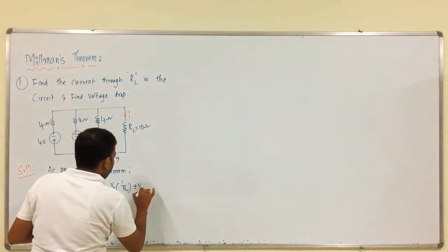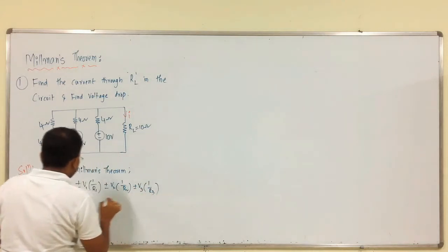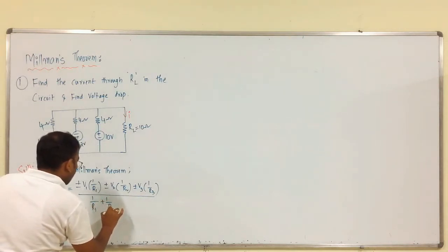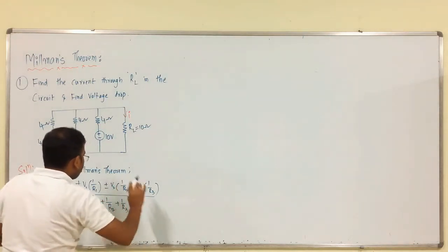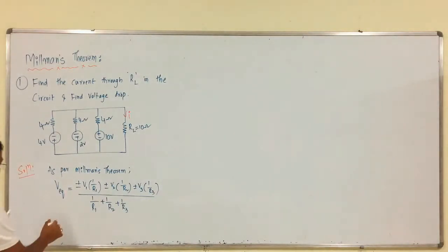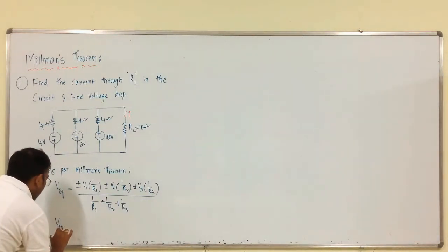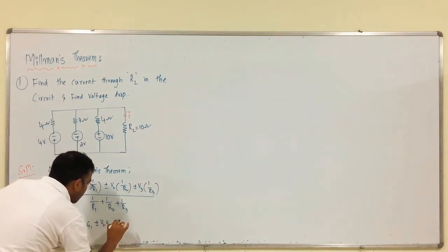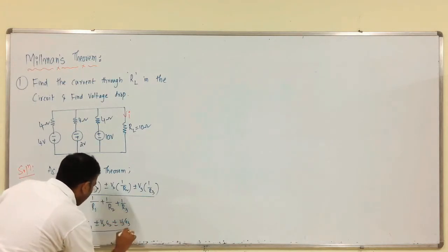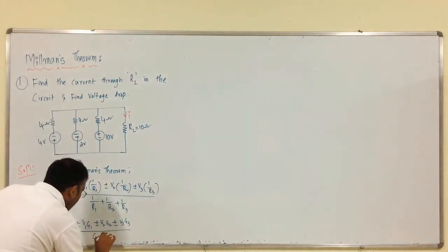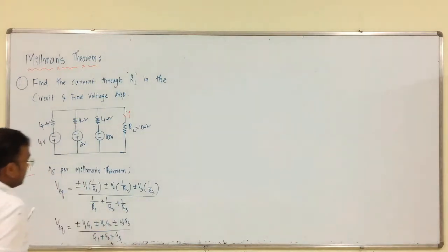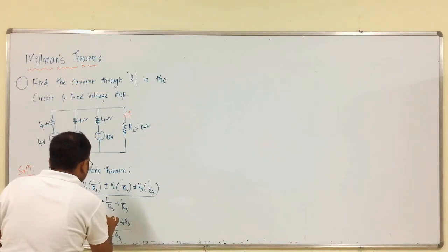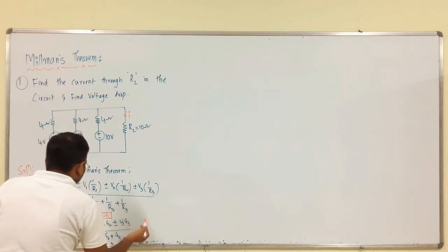Therefore, V3 into 1 by R3, that is it, divided by 1 by R1 plus 1 by R2 plus 1 by R3, right. Or you can write V equivalent is equal to plus or minus V1 G1 plus V2 G2 plus V3 G3 by G1 plus G2 plus G3, since 1 by R1 is nothing but G1. You can use this formula or this formula.